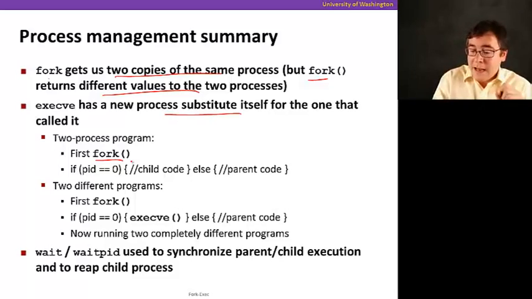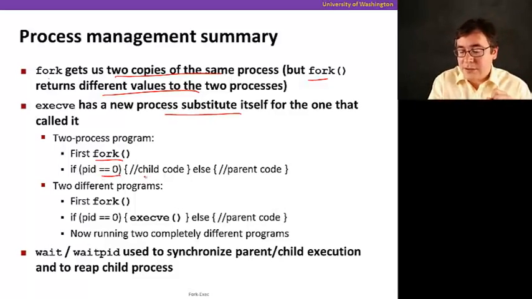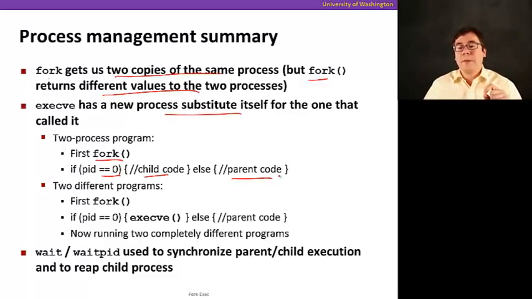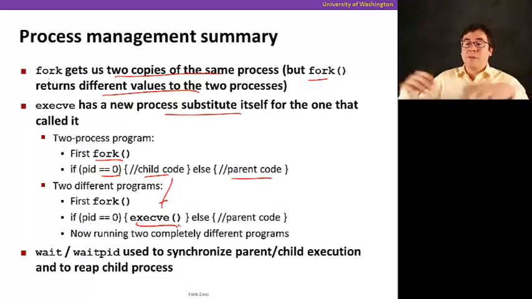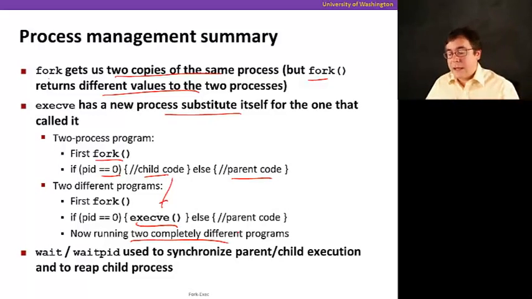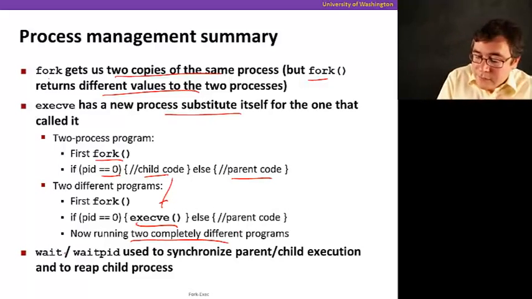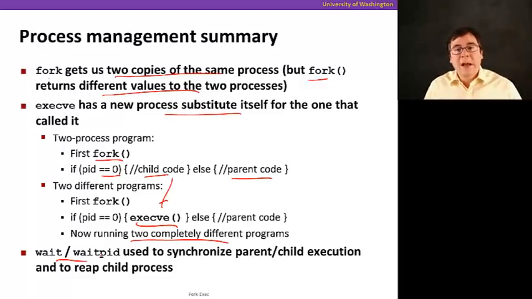You first call fork, and if the PID is 0, that's the child code, where you call execv to replace itself with a new program. Otherwise, it's the parent code. At that point you have two completely different programs. And waitpid is used to synchronize parent and child execution, and whenever you do that, the remains of the child process are collected when it exits.